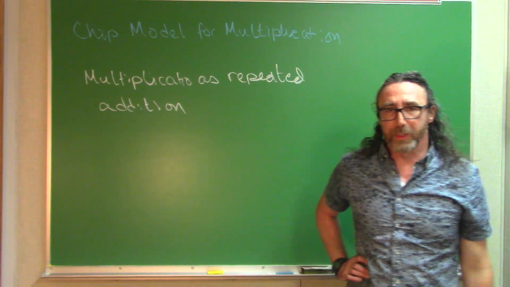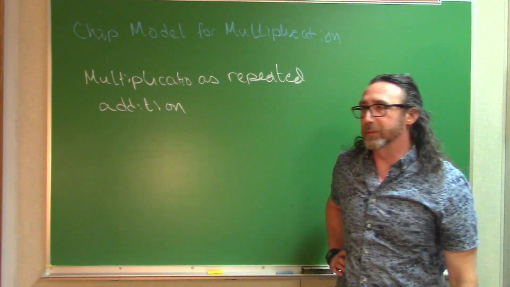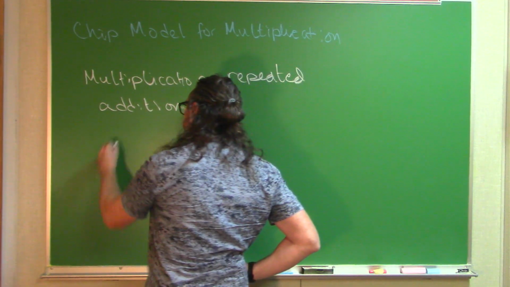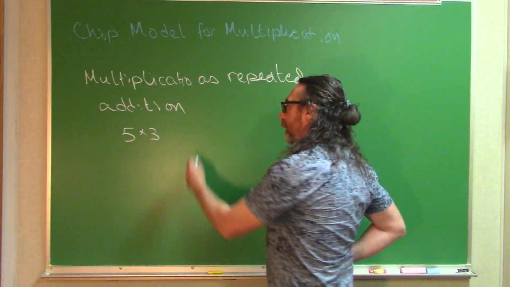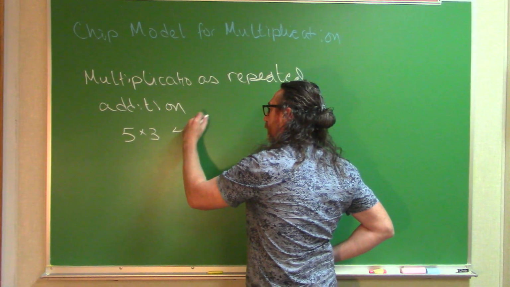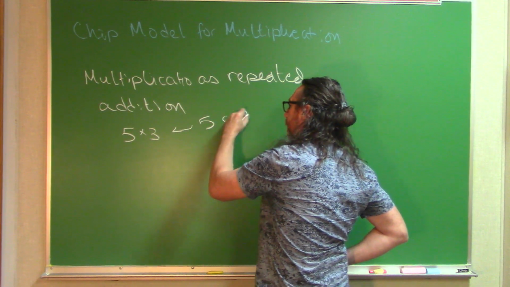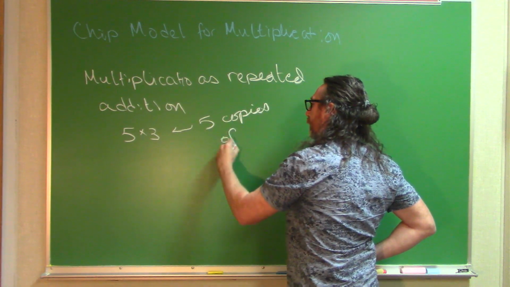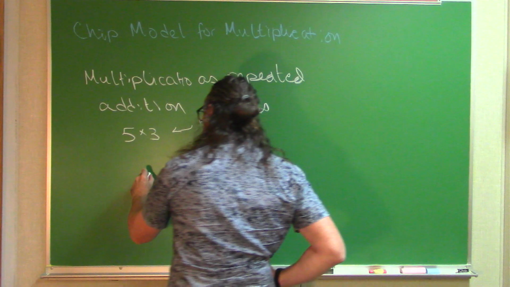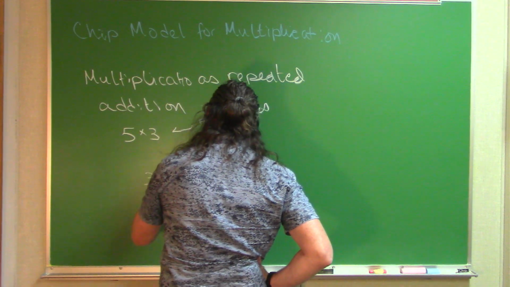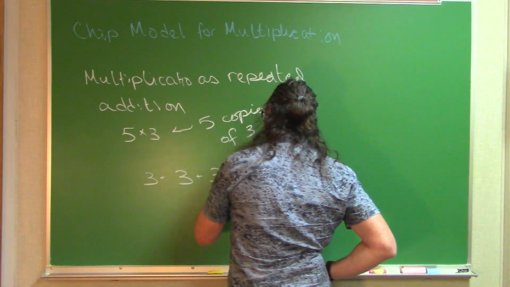Okay, multiplication as repeated addition. So for example, 5 times 3, the way to think about that is 5 copies of 3. So 3 plus 3 plus 3 plus 3 plus 3.